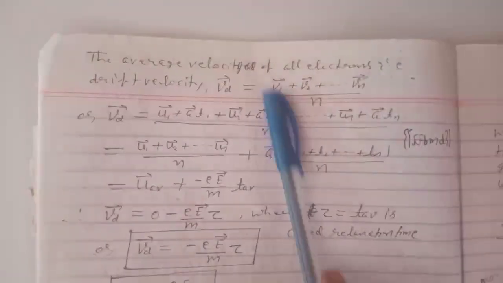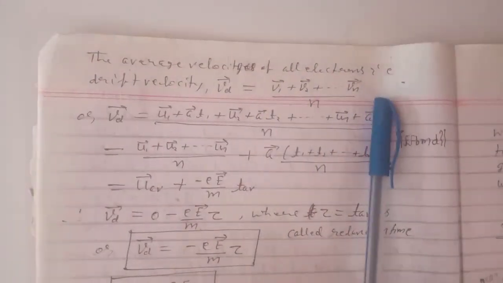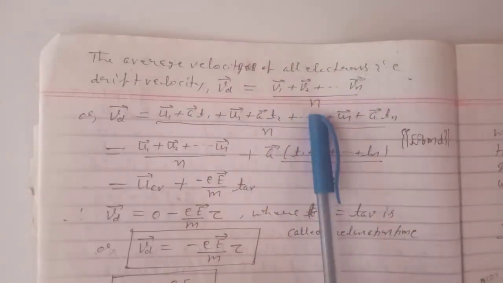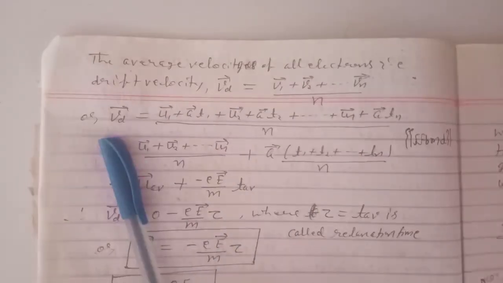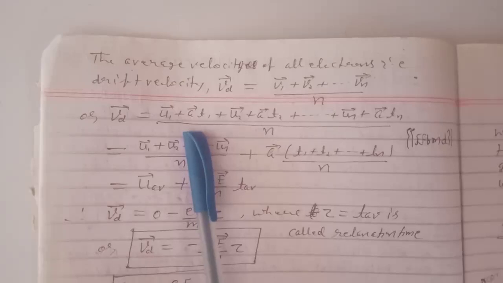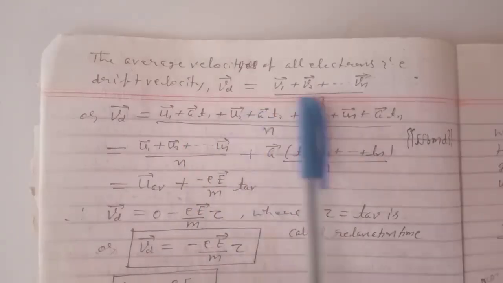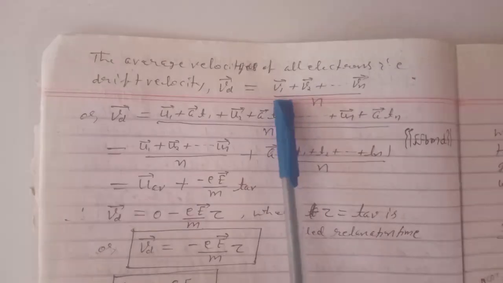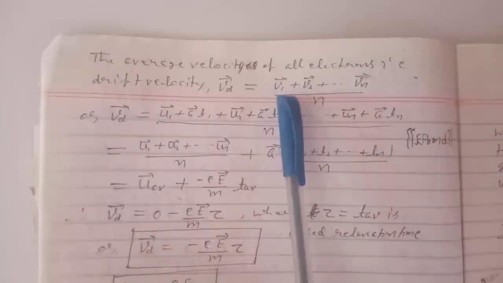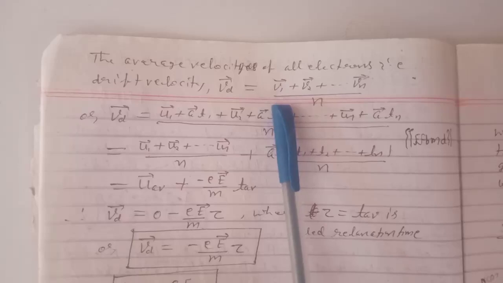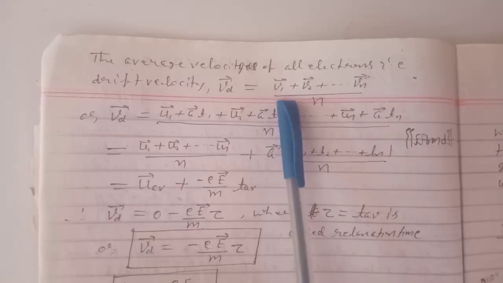Now the average velocity of all electrons, that is the drift velocity Vd, will be v1 plus v2 plus ... plus vn divided by n. Keep in mind that this v1 vector represents the velocity after the electric field is switched on and the velocity has changed after collision.